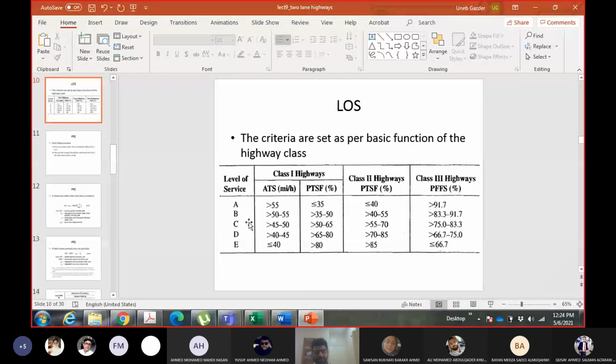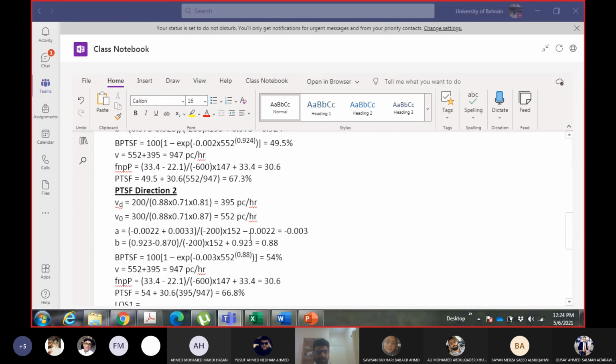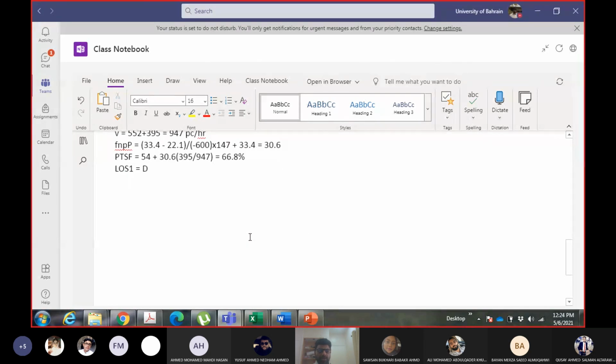Okay, so ATS is in C range and PTSF is the D range. Okay, now for a level of service, both ranges must meet. So if both are not meeting, I will take the lower value. So I will take D. Okay, so level of service D is for direction 1.